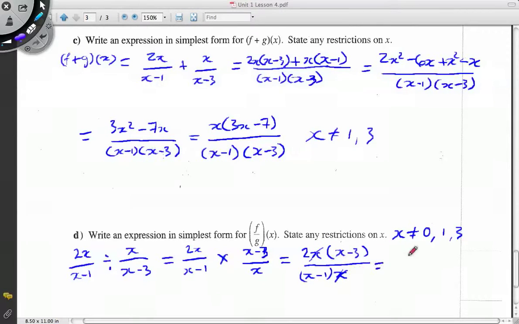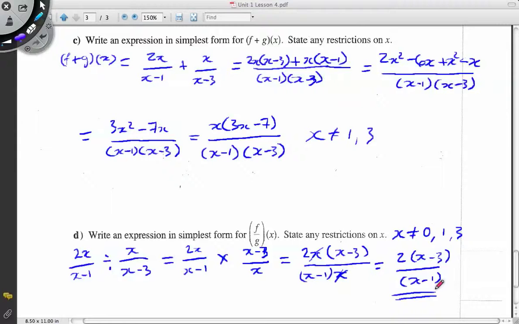Looks like this now equals 2 times x minus 3 over x minus 1. You can either write it like this, or you can just multiply out the brackets as well, 2x minus 6. Either way, that's your answer.